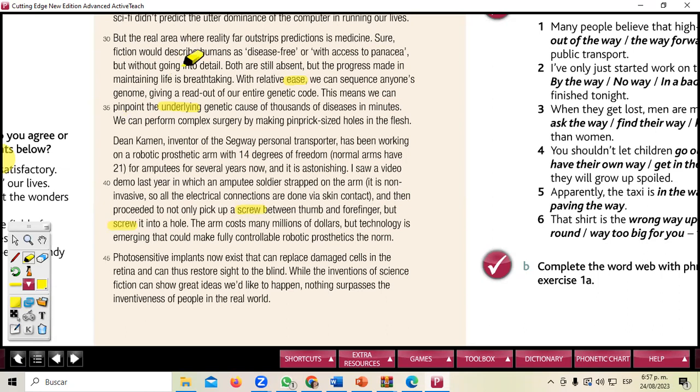Atornilló en un hueco, en un hoyo, ¿ok? So, it is both the noun and the verb. Esa palabra puede ser el sustantivo y el verbo, ¿ok? Strapped on, like amarrar. The soldier is strapped on the arm, ¿ok? All right. No more?